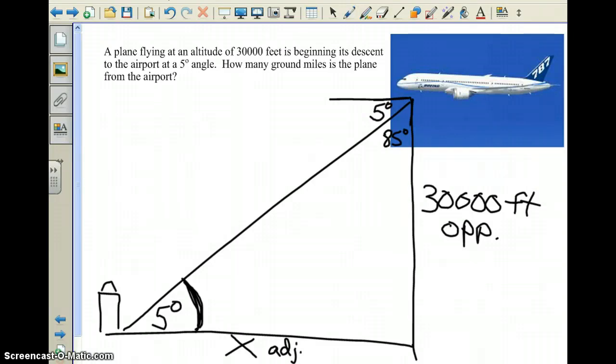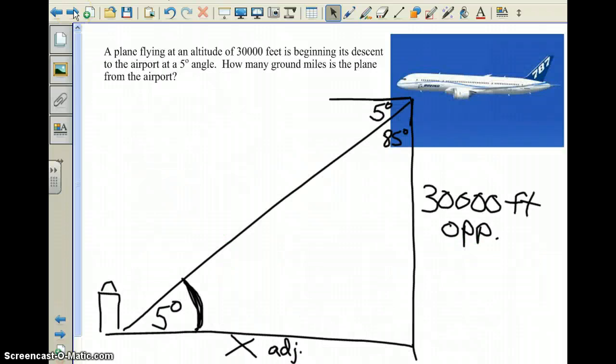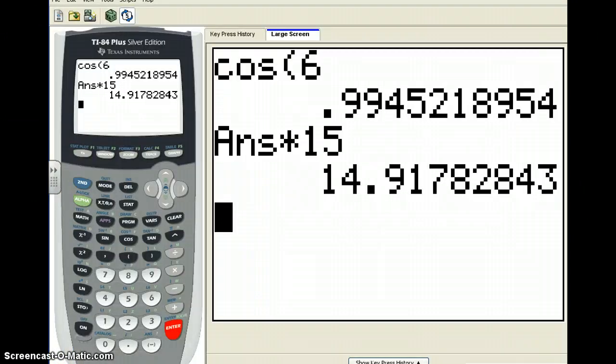Now we ask ourselves, which trig function involves the opposite and the adjacent? That would be tangent, opposite over adjacent. So we're going to use the tan ratio, so I'm going to set up tangent of 5 degrees is equal to the opposite over the adjacent. And now we'll go and get our calculator and evaluate tan of 5.